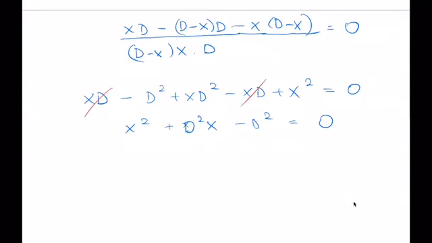Then assuming d as a constant or 1 per unit, if d is assumed to 1, this is for 1 per unit, then x square plus x minus 1 equal to 0.